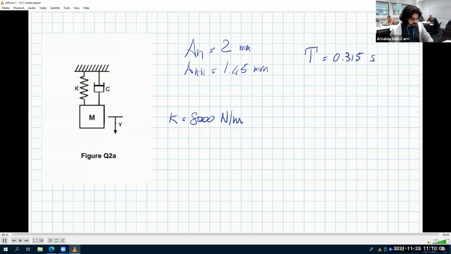So let's start with part A. Part A asks for omega D. What is the damped frequency of this system? How do we find it? Well, first of all, let's recall the solution of a damped harmonic oscillator.